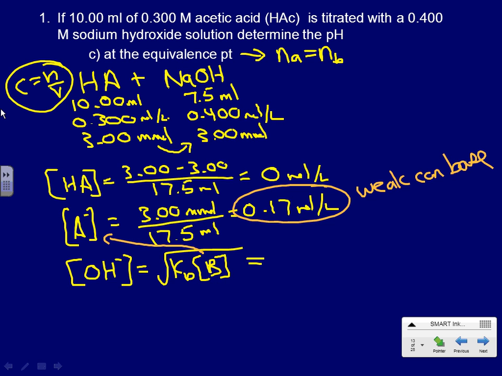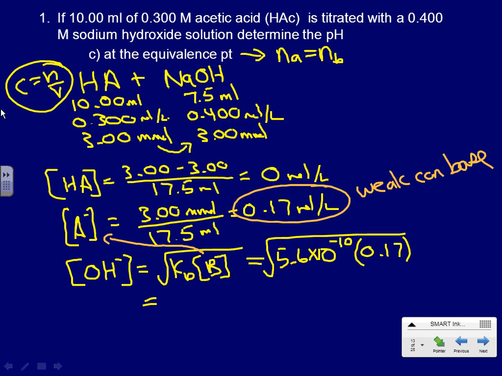So now I need to check the chart for the conjugate base K of acetic acid: 5.6 times 10 to the minus 10. And that's going to be multiplied by 0.17. Take the square root.